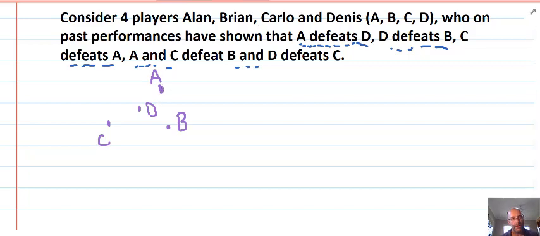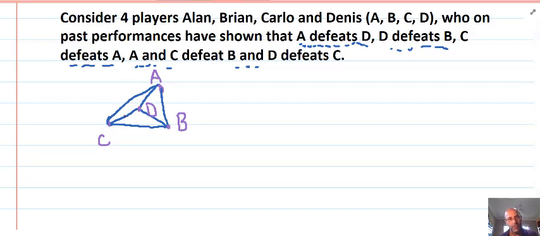So we've got A to B, a straight line, B to C, straight line, C to D, straight line, D to A, straight line. But there's more than that, so we can connect D and B together. And lastly, I needed to connect C with A.